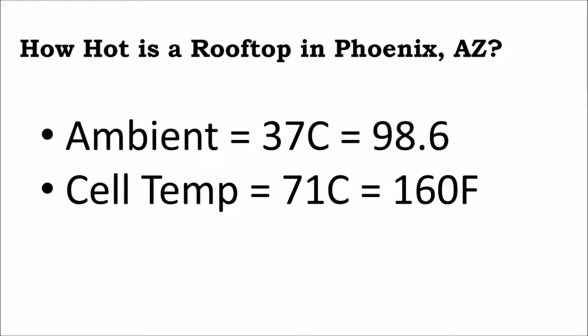Well, let's find out. Here's an example for Phoenix, Arizona. On a 99-degree day outside, it gets all the way up to 160 degrees Fahrenheit on the rooftop, or 71C.